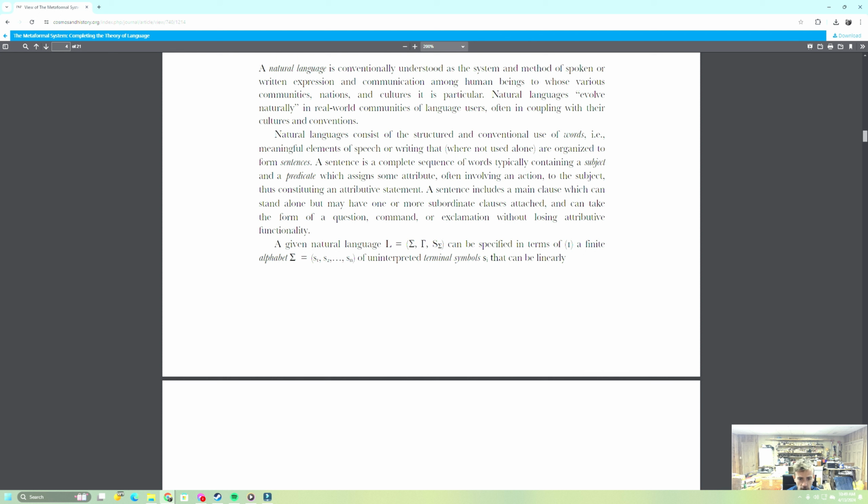A given natural language L = (Σ, Γ, S(Σ)) can be specified in terms of: 1.